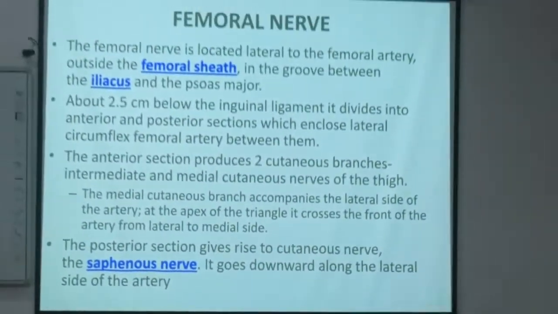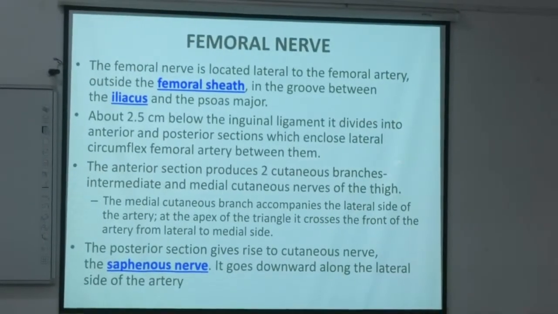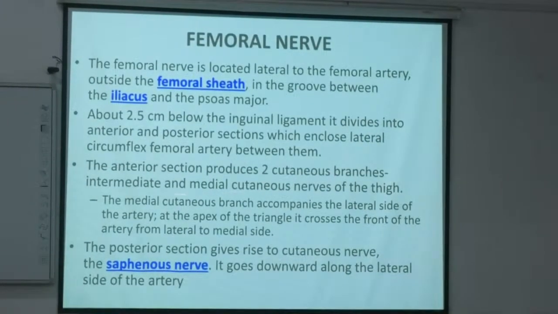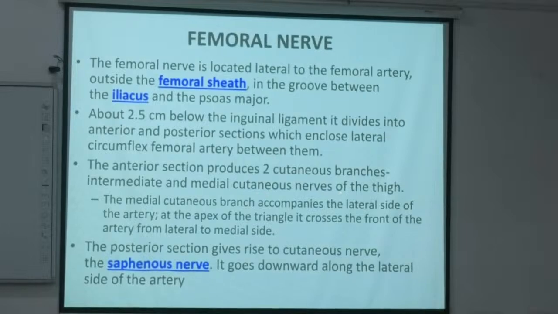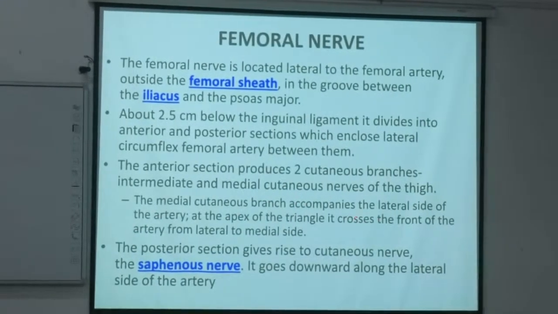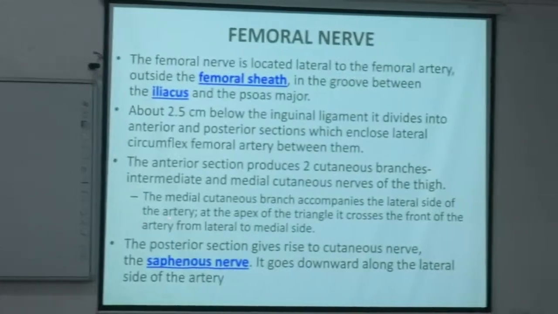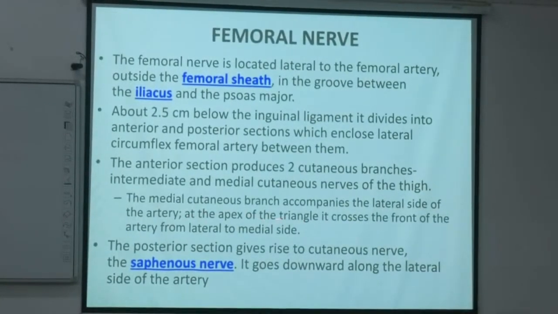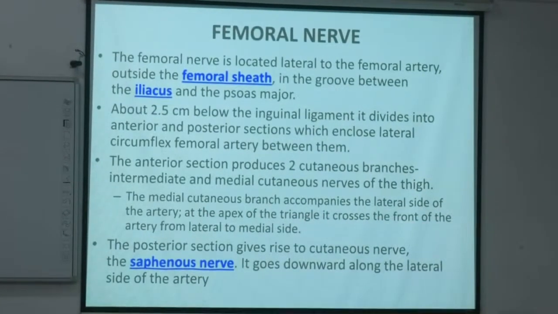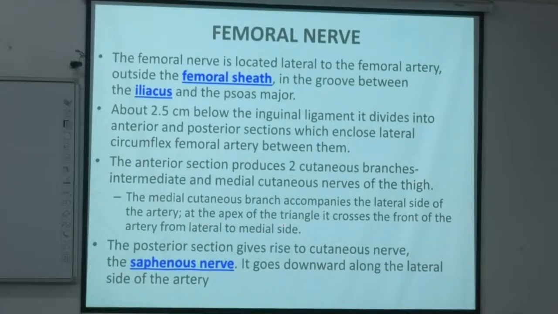Now, what are the branches from this anterior and posterior division? The anterior division produces two cutaneous branches, the intermediate and medial cutaneous nerves of the thigh. The medial cutaneous branch accompanies the lateral side of the artery, and at the apex of the triangle it crosses the front of the artery from lateral to medial.